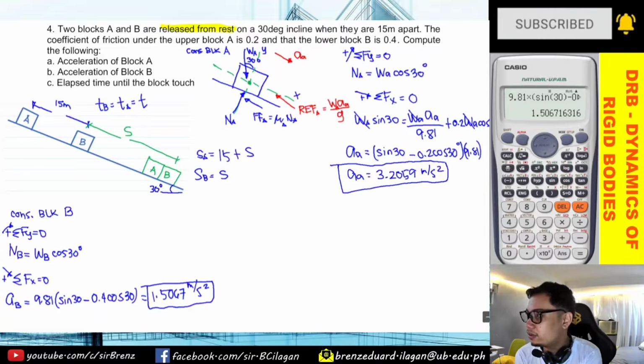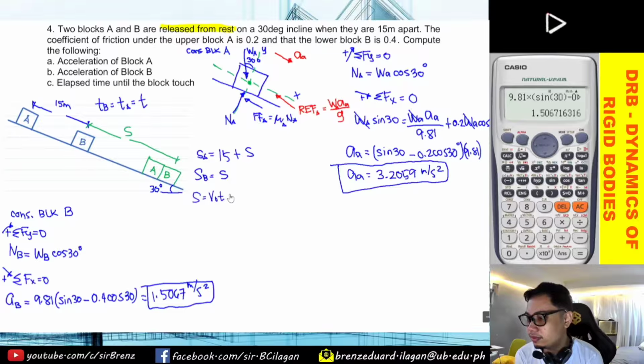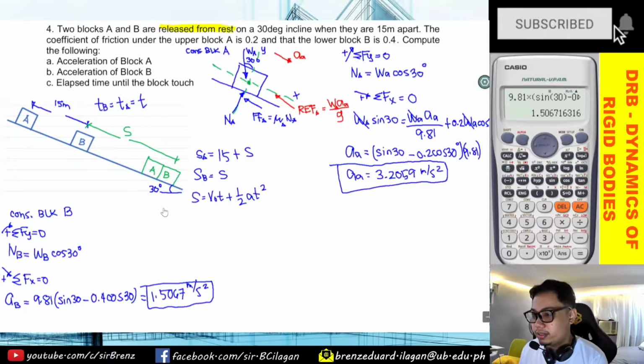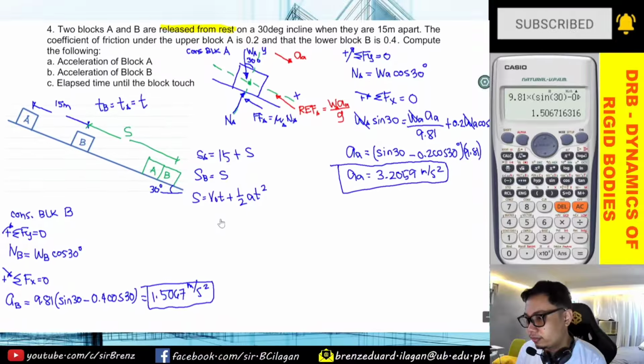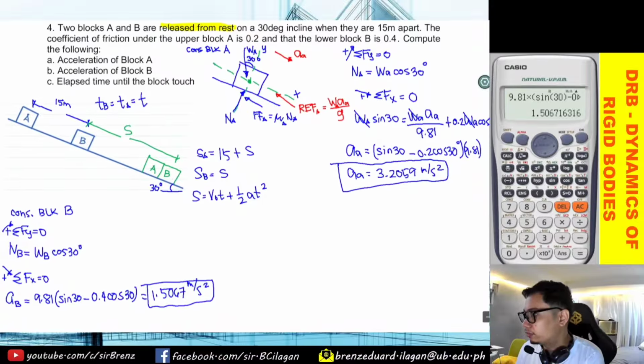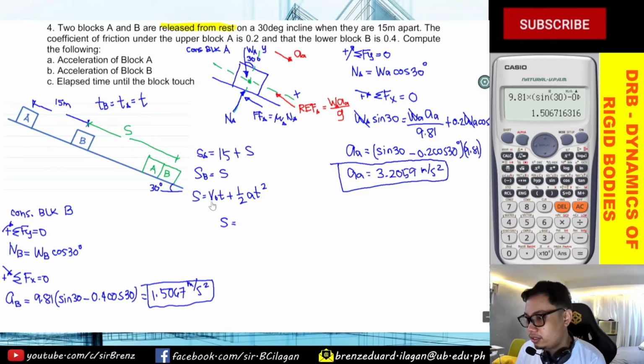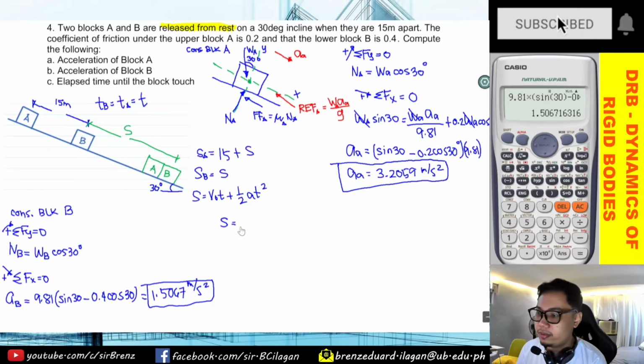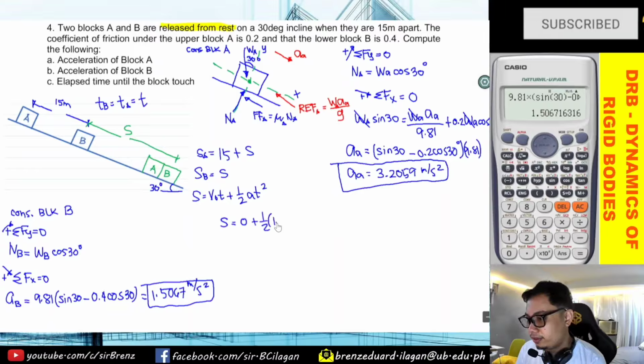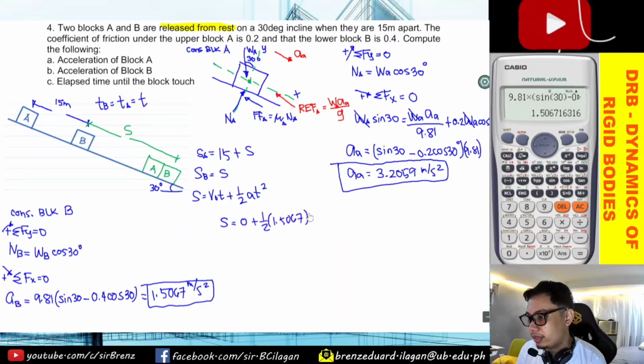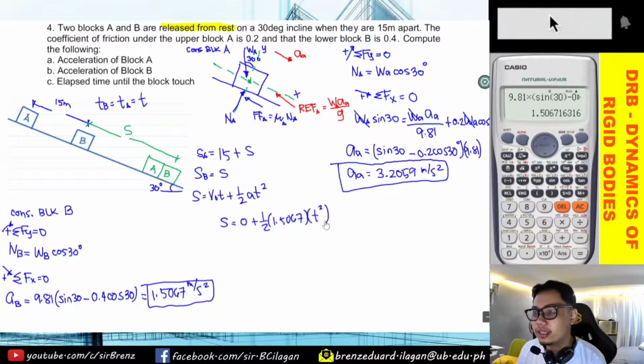So the best formula to use here is S equals V0 T plus 1/2 A T squared. So S is just 0, since it starts from rest with no initial velocity, plus 1/2 of the acceleration of block B, 1.5067, times T squared.